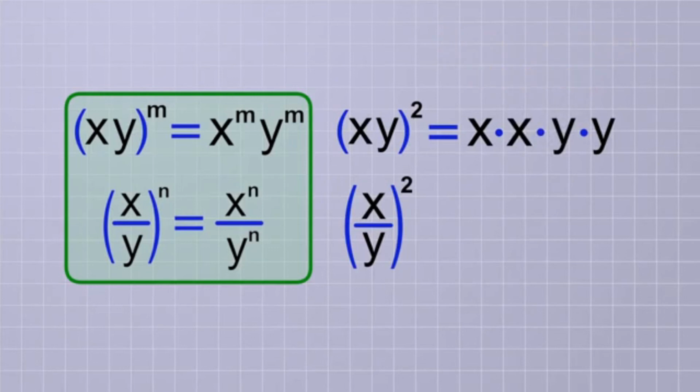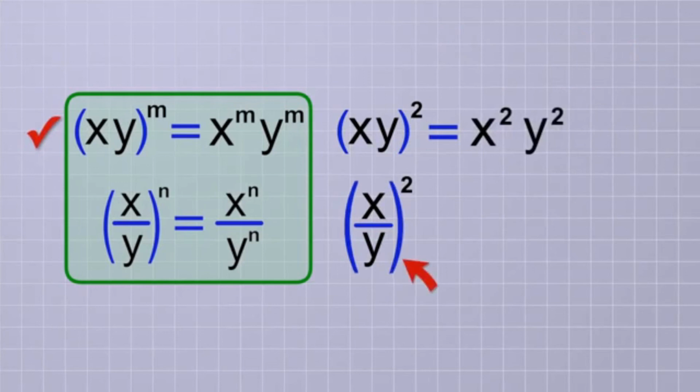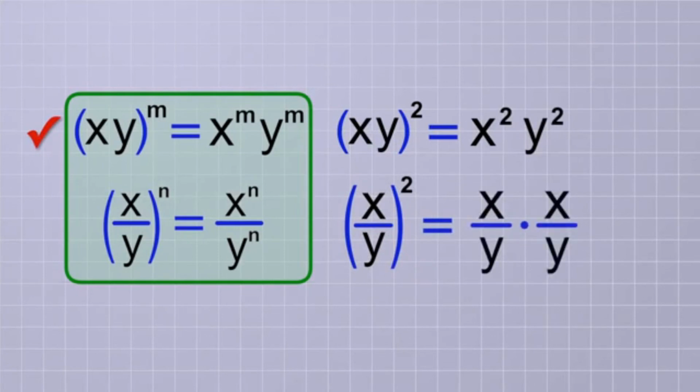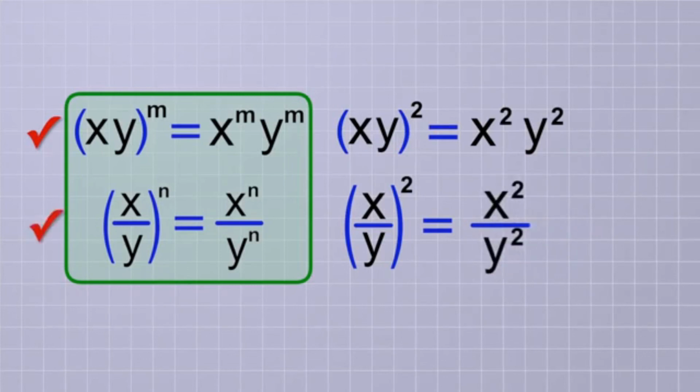But look, we can simplify that into x squared times y squared, so that checks out. In the second expression, we have the quantity x over y, squared. That's the same as x over y times x over y. To multiply these fractions, we just multiply the tops and multiply the bottoms, which gives us x times x over y times y. And that simplifies to x squared over y squared, so that one checks out too.